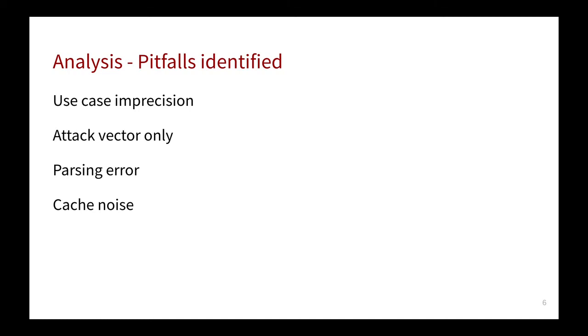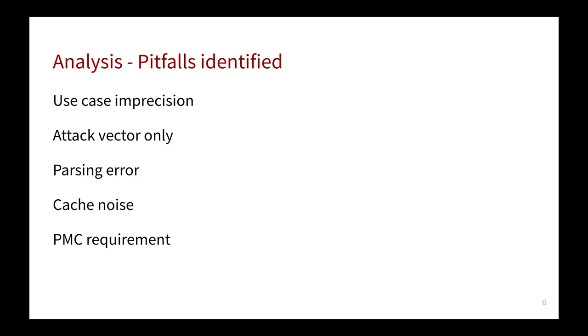The empirical tools also suffer from cache noise, and this is a specific problem of Transient Fail, which uses a cache covert channel to retrieve the success of its PoCs. Whenever we are running Transient Fail, we need to make sure that there is not a lot of cache activity in the system, because otherwise that might destroy the signal that Transient Fail is trying to read from the cache.